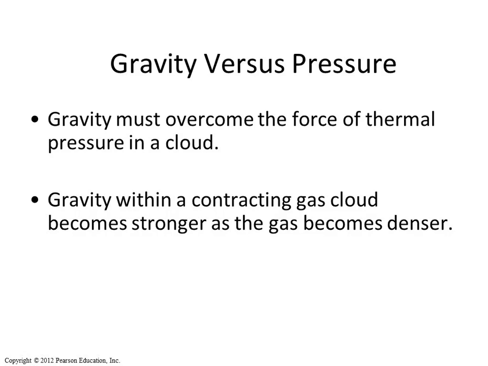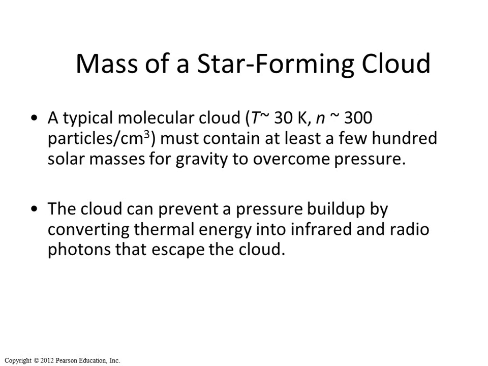Gravity needs to kick in and make the conditions in what's going to be the core of the star hot enough and dense enough. It takes a lot of mass to create just one star. I think that's the point there.